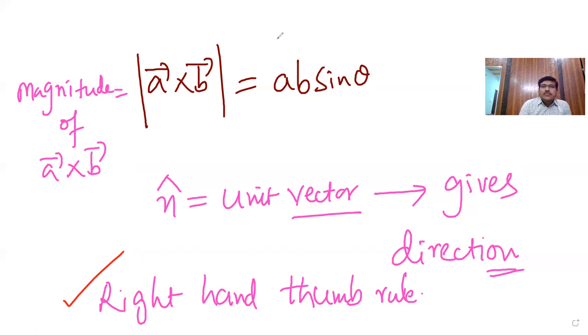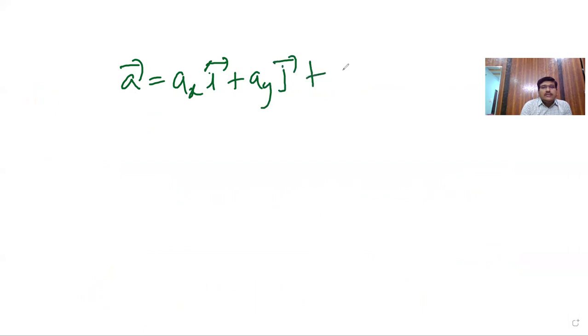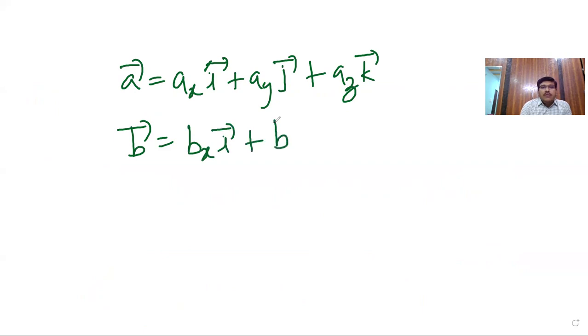Observe. Suppose you need the a bar cross b bar product. a bar is one vector, ax i bar plus ay j bar plus az k bar. b bar is another vector in the vector form, bx i bar, by j bar, bz k bar.